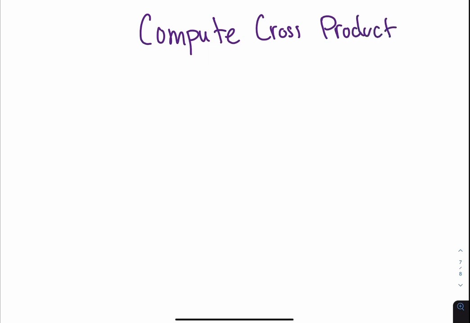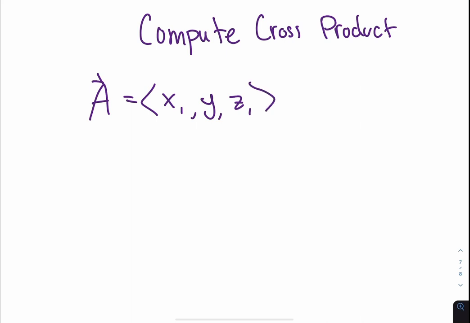Now, how do we compute the actual cross product? Let's say we have vector A, which is x1, y1, and z1. And vector B has x2, y2, and z2.